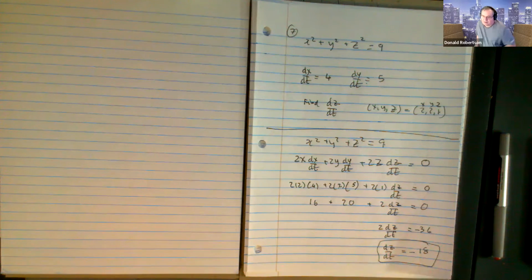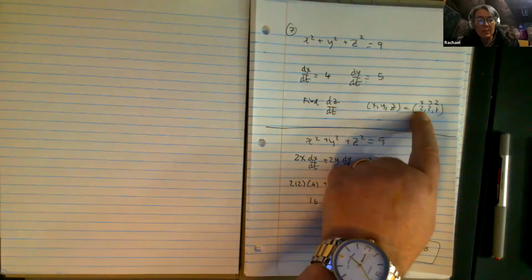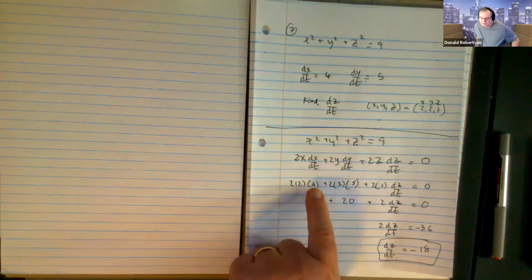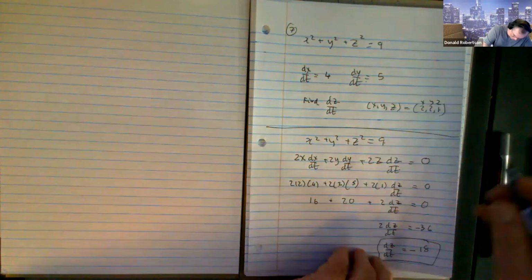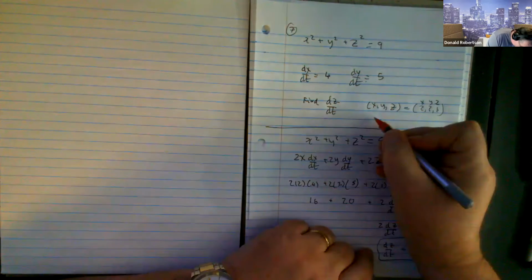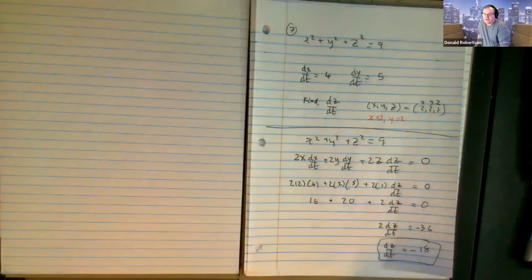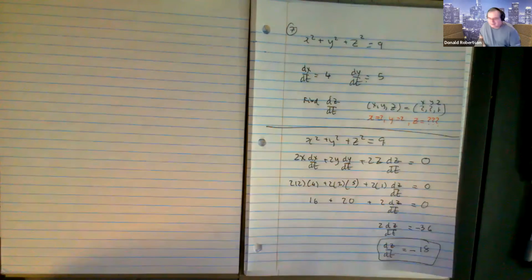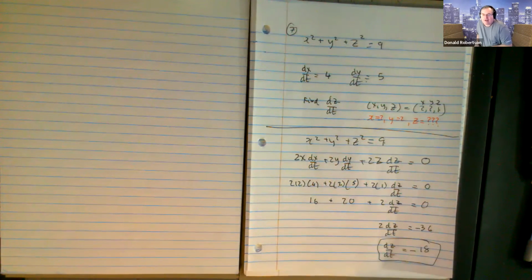Good. Now, this one told you who x, y, and z were, right? So you could plug them in here. They could have done this: only told you x is 2 and y is 2. Yet you'd still be able to do it. But you should be thinking, but I don't know z. Well, maybe you don't know it right now, but don't you know that x squared plus y squared plus z squared always equals 9?